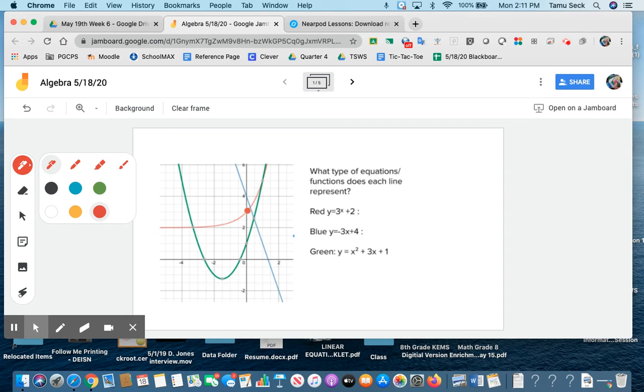It begins at 3 because 3 to the x power, 3 to the 0 power, is 1. So 1 plus 2 is 3. So it begins at 3, and then it's going up. It's an exponential function.